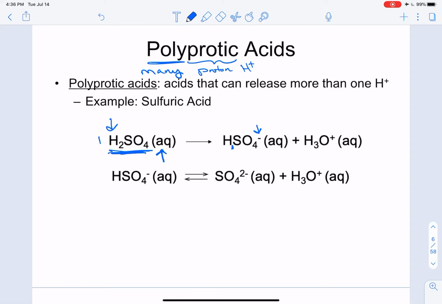If you need to write H2O over here, just so you know how you got an H3O+, that's totally okay. Also, if you're comfortable with the fact that AQ means that there's H2Os floating around, you're okay to leave it off of this side. Chemists often do that. Okay, so we have HSO4- and we have H3O+ on the other side.